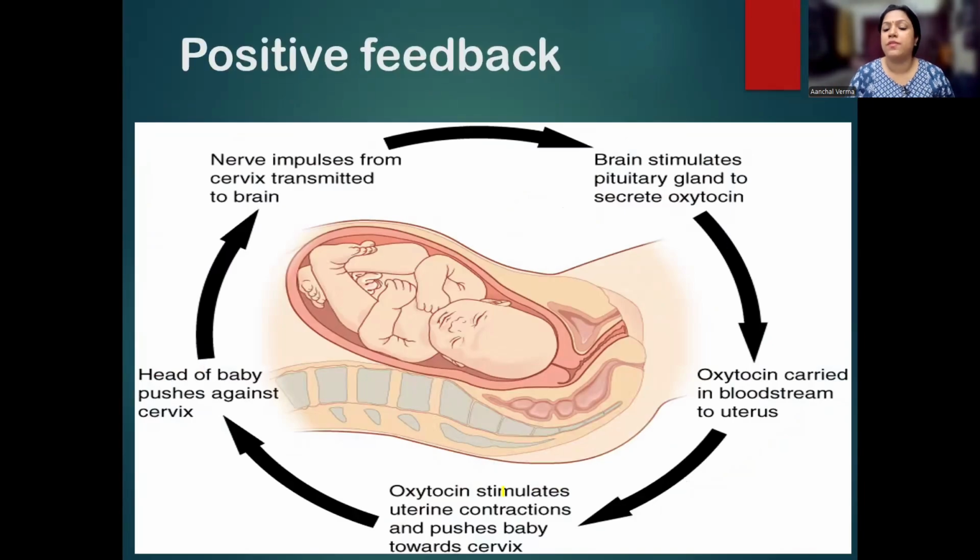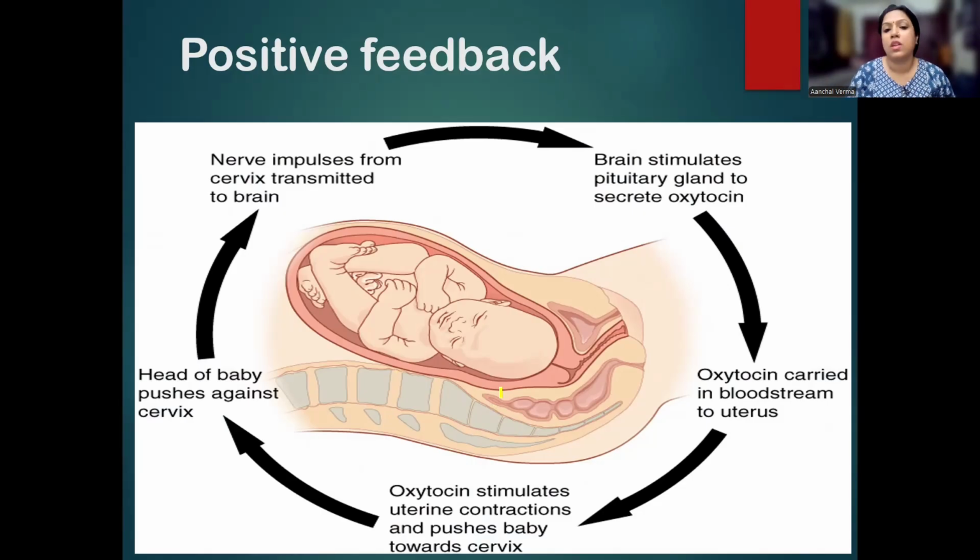Similarly, there is a positive feedback. For example, if a baby has to be delivered, there's a release of oxytocin. This oxytocin helps in the contraction of the uterus. And upon the contraction of the uterus, more oxytocin is released to promote more contraction so that the baby is delivered. So here the product is increasing the hormonal release.